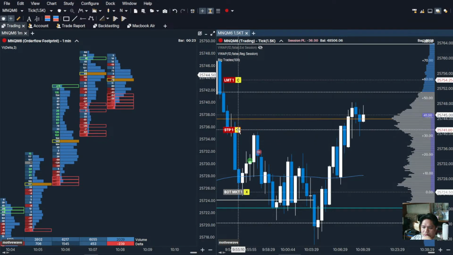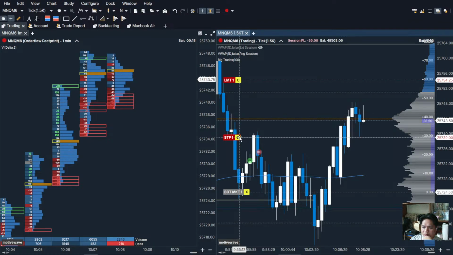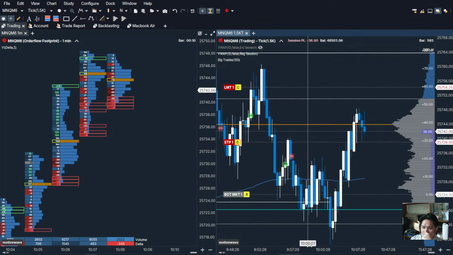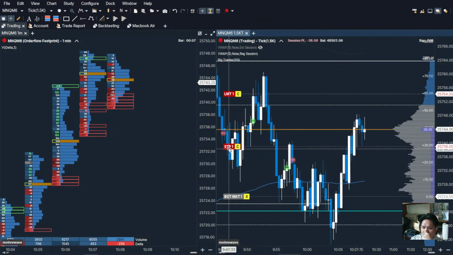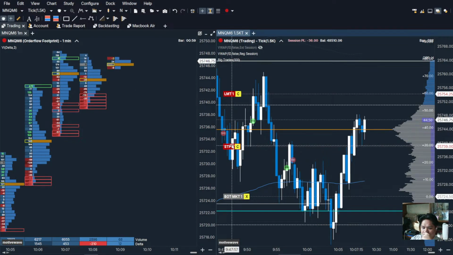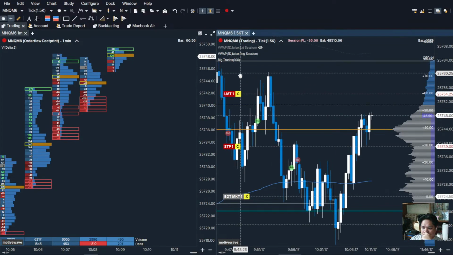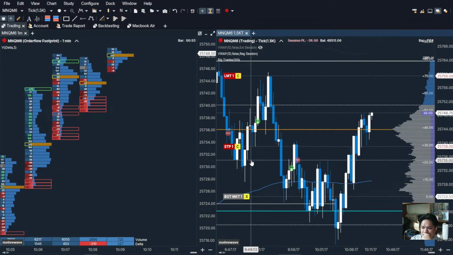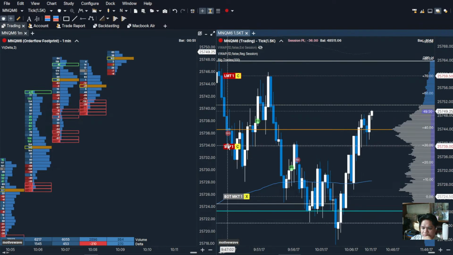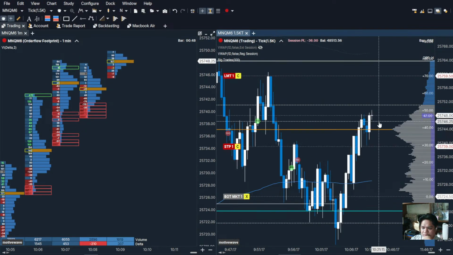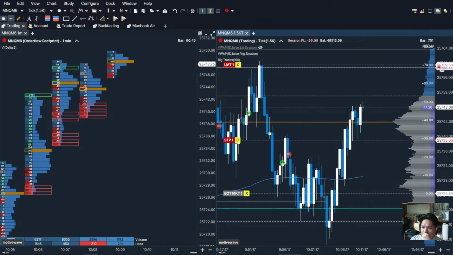No. Can we go above the POC? No, it looks like. Pushing up. We're above, now above that again. Can we continue going up from here?